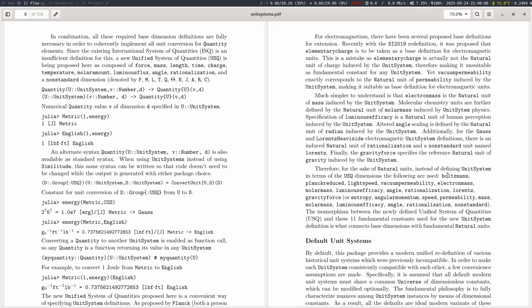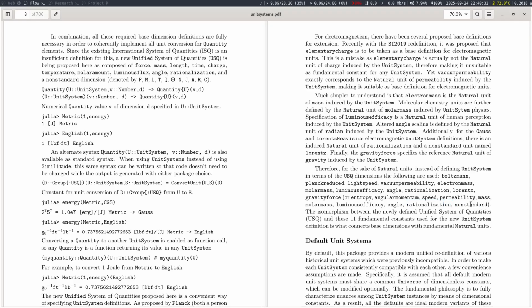You could perhaps make a different choice, but this is the appropriate choice that makes the most sense, because these are all natural units: natural units of entropy, angular momentum, speed, permeability, mass, molar mass, luminous efficacy, angle, rationalization, and the non-standard one that we can't really name.